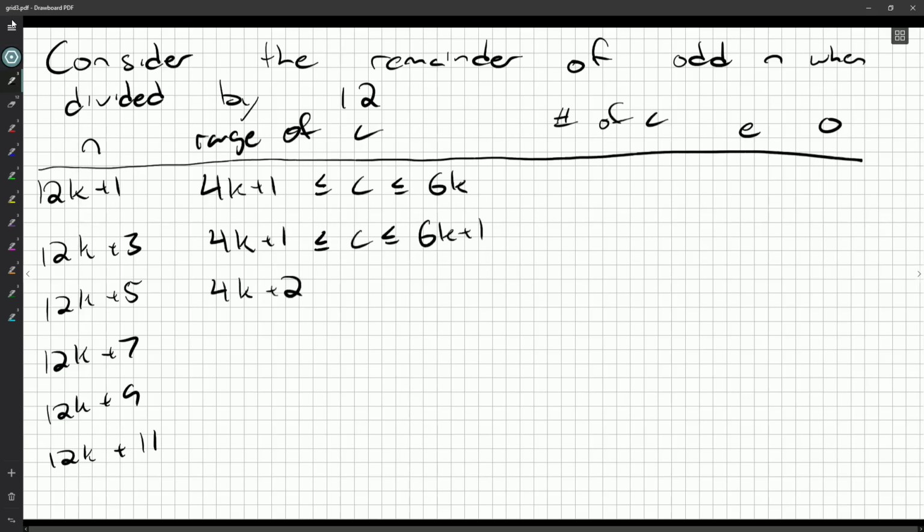We have to round up because you get 4k plus 1 and 2/3. That would round up to 4k plus 2 for your lowest actual c value. Dividing by 2, 6k plus 2. 6k plus 3 here. The endpoints are really easy to work out. Last one, 6k plus 5.